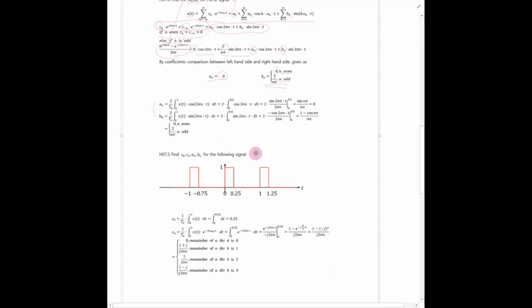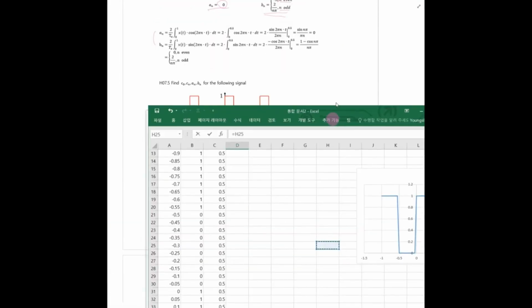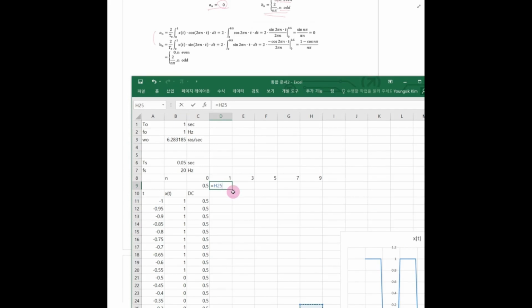So I can compute that as 2 over n divided by pi, and stretch it over here. The components are decreasing: the DC component is 0.5, the fundamental is 0.6, the third harmonic is 0.2, the fifth harmonic 0.1, the seventh harmonic is smaller, and much smaller after. The even harmonic components are all 0.